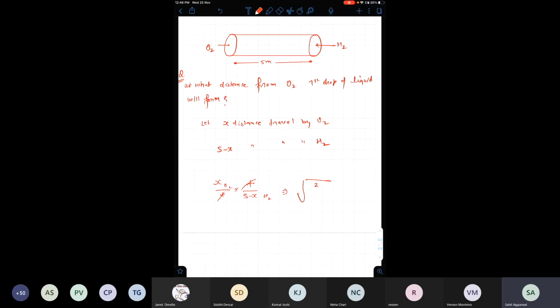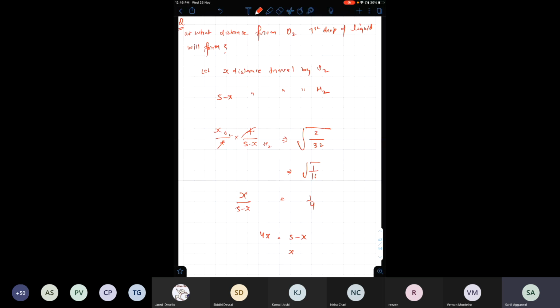Mass of hydrogen by mass of oxygen: x by 5 minus x equals 1 by 4. 4x equals 5 minus x. 5x equals 5. x equals 1. ऑक्सीजन चला है 1 मीटर, हाइड्रोजन 4 मीटर.